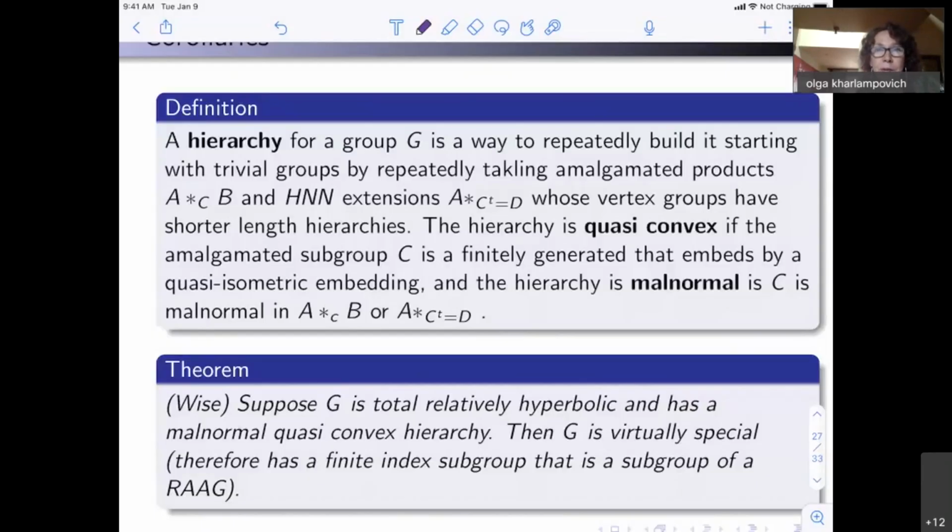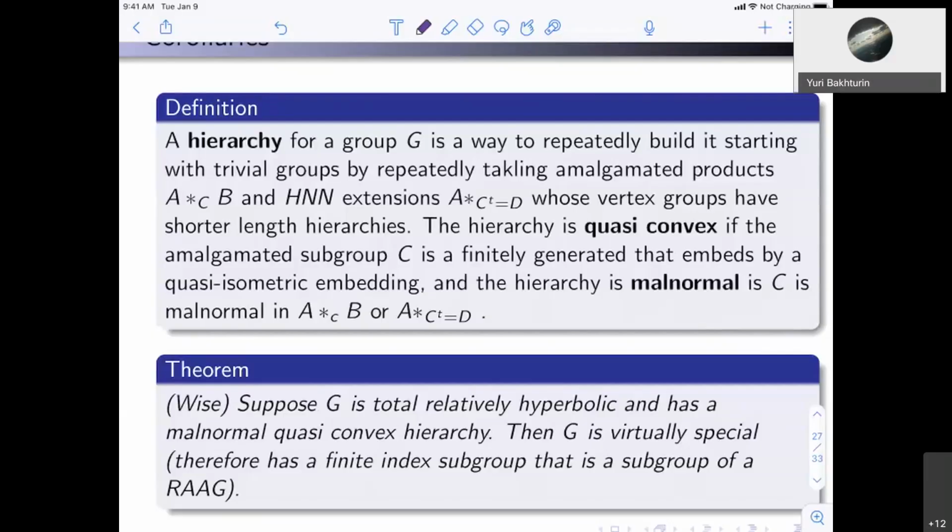For example, the groups without solvable word problem were built using HNN extensions, but when you have actions on trees, these are HNN extensions over abelian subgroups. Like, they are certainly HNN extensions, but not over abelian subgroups. I see, so they're much more rigid.